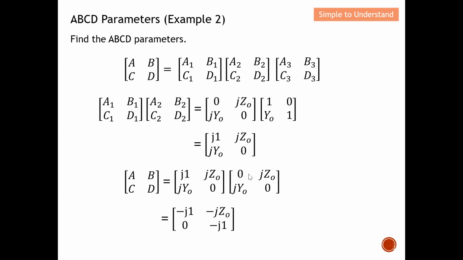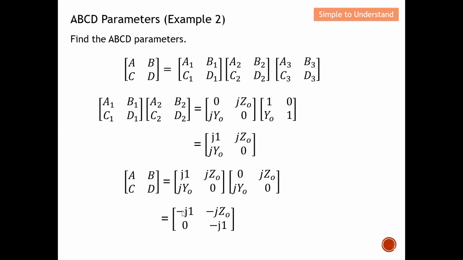So again from here versus here, we get this term here. So j times j will be minus, so it will be minus Z0 here. So this will be minus Z0 without the j term. This multiplied by 0, and this will be 0 here. And then j multiplied by j will be minus. So this is supposed to be -1, and this will be 0. I made a mistake here. Remember there won't be any j term.